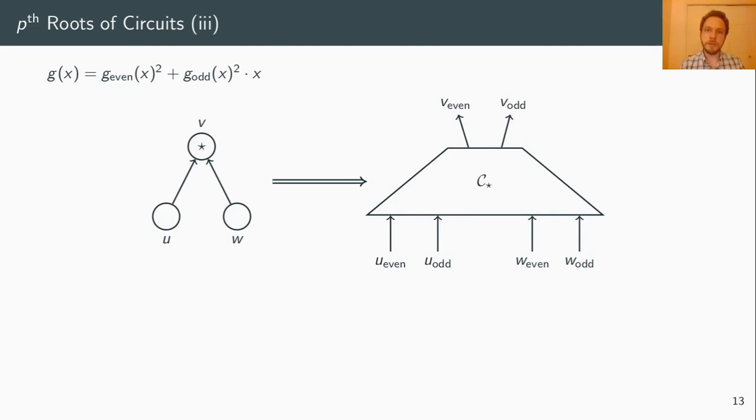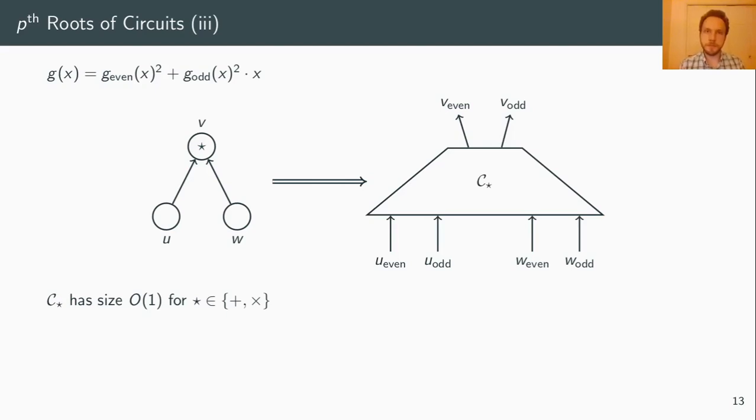And we're going to do this by building some gadget c star, which takes these even and odd parts of u and w as input and uses them to compute the even and odd parts of v. Now, the important thing here is that this gadget in the circuit actually has size bounded by a constant. So we can efficiently compute the even and odd parts of v from the even and odd parts of u and w.